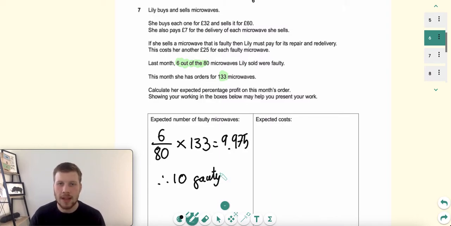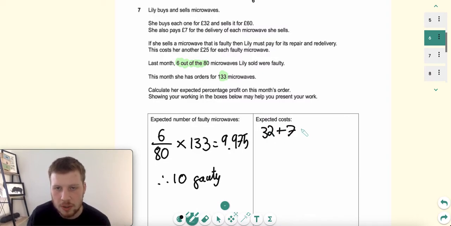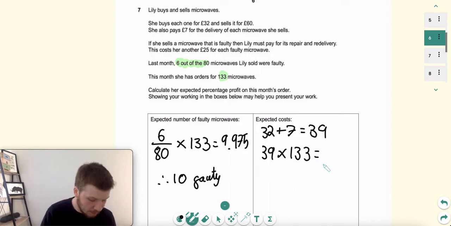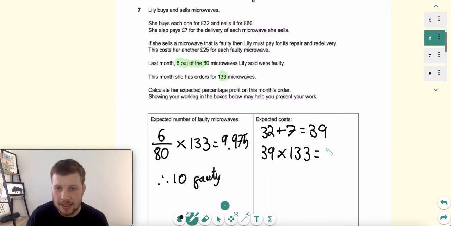Okay, expected costs. Well, how much does it cost in all for one which isn't faulty? Well, it's £32 and a further £7 for delivery. So 32 add 7 is 39. Okay, so it's £39. She buys 133. So therefore 39 times 133 is going to give me 5187.